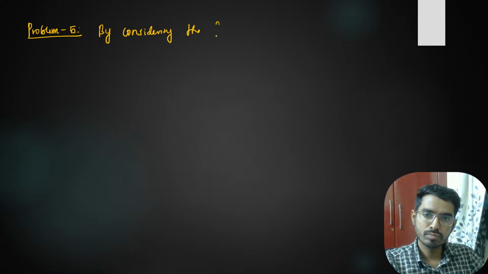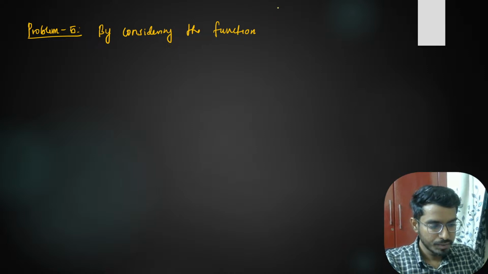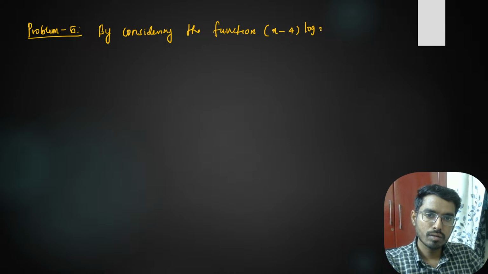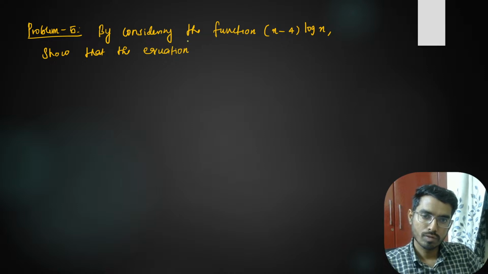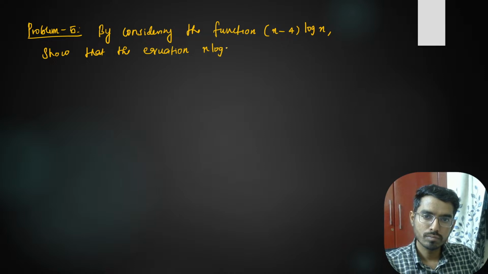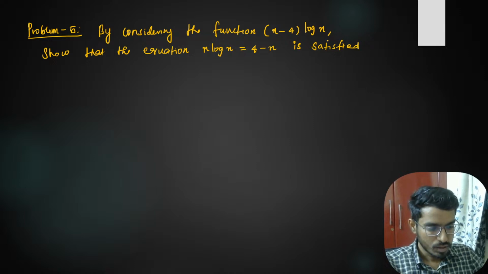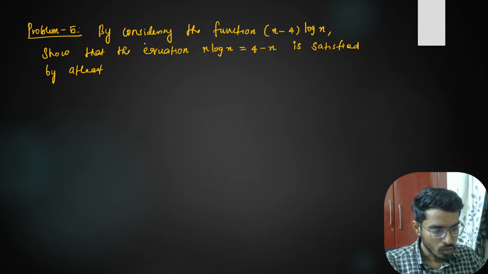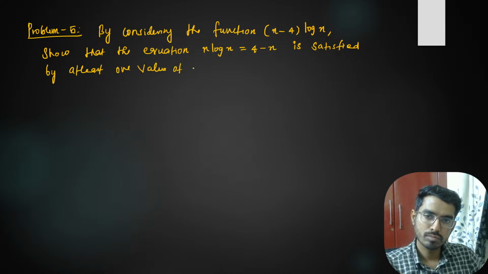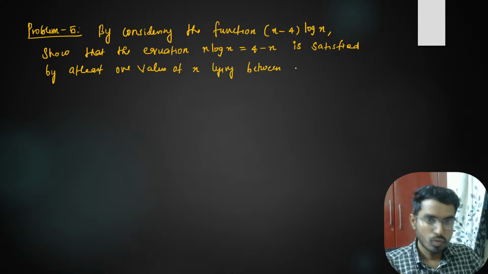By considering the function x minus 4 log x, show that the equation x log x equal to 4 minus x is satisfied by at least one value of x lying between 1 and 4.